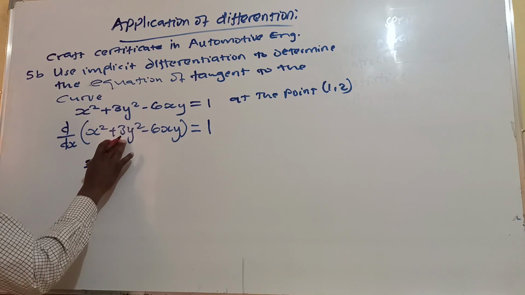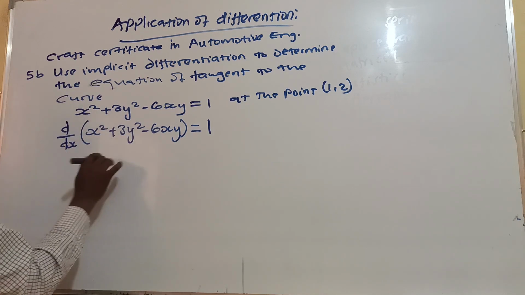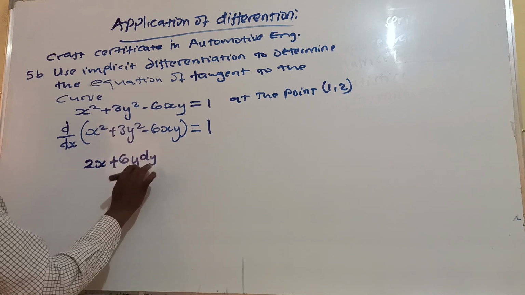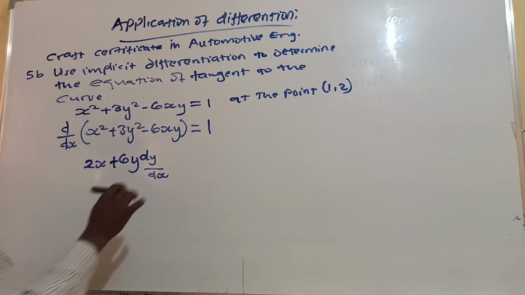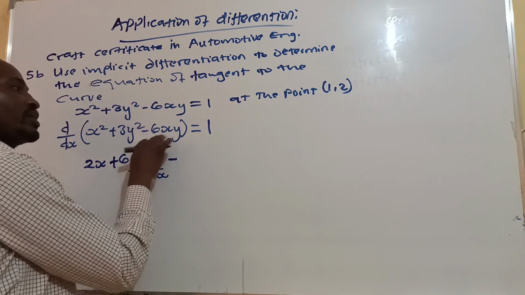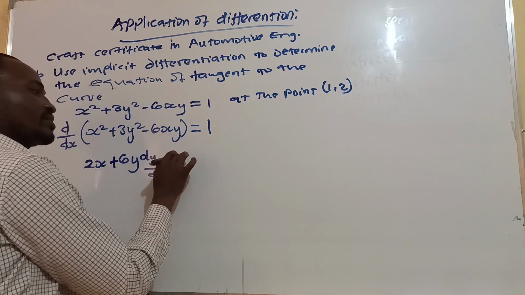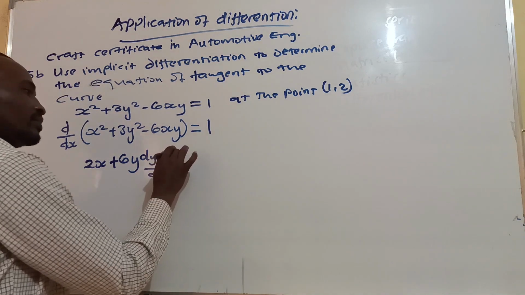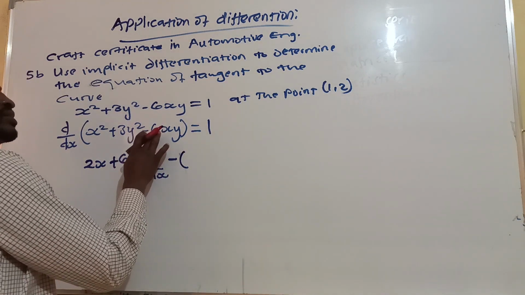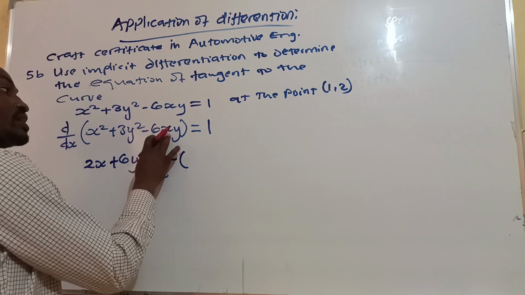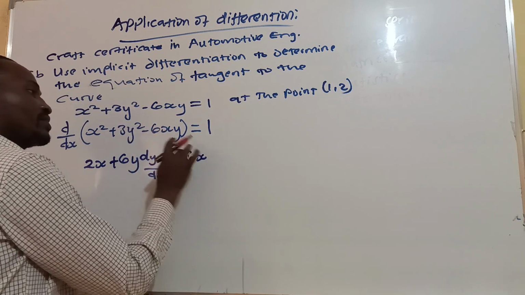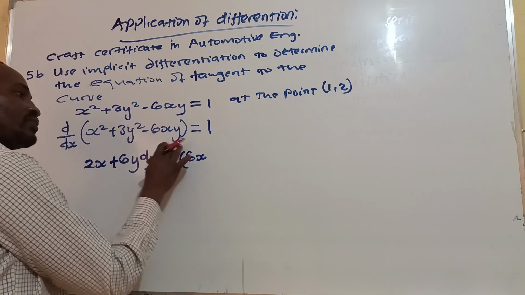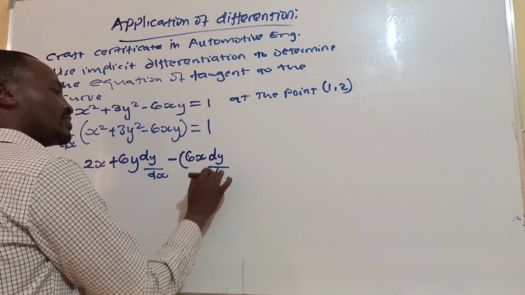When we differentiate 3y squared with respect to x, we get plus 6y dy/dx. Then minus, here we have to use the product rule, so we open a bracket. We take u to be 6x and v to be y. The derivative of y with respect to x is dy/dx.